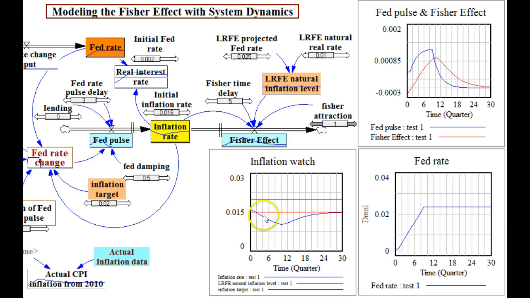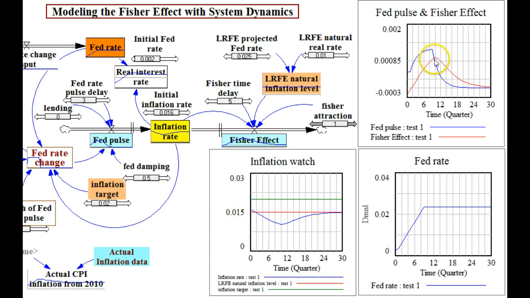There's a pressure to push the inflation rate down, and according to this, it may go down to 1%. So we can see the Fed rate rising here slowly. But then once the Fed rate reaches its goal of, say, 2.5%, inflation stops dropping. That's when the Fisher effect takes over, and inflation will then rise to its natural equilibrium at 1.5%.